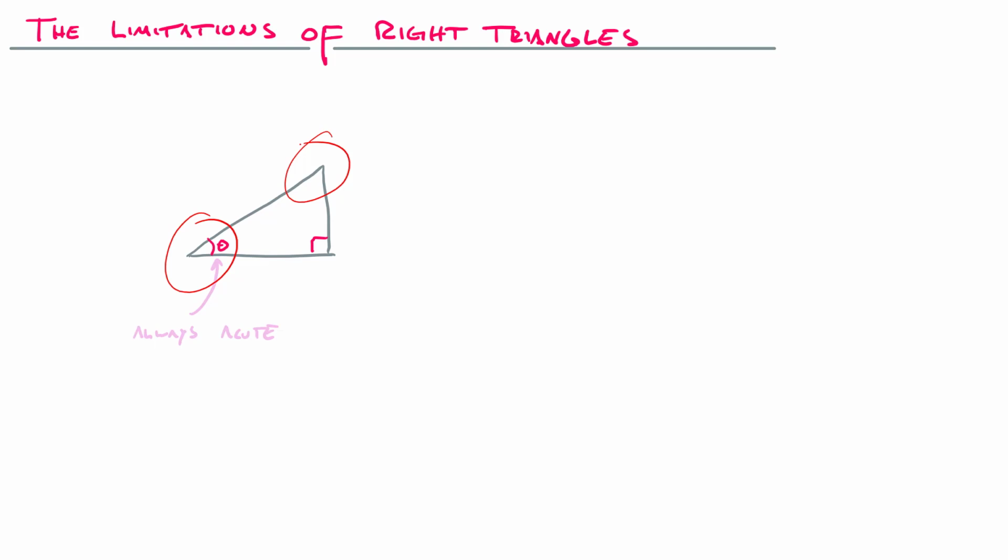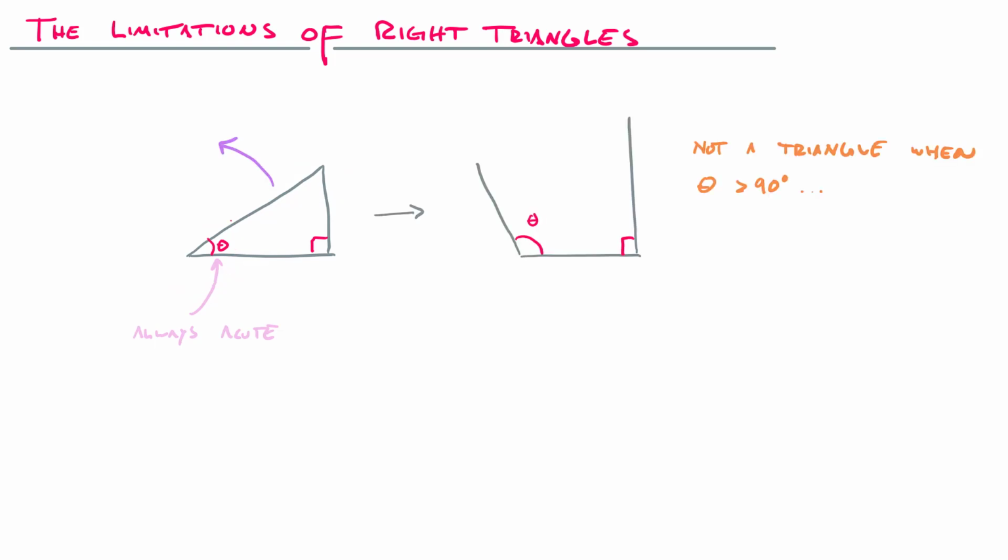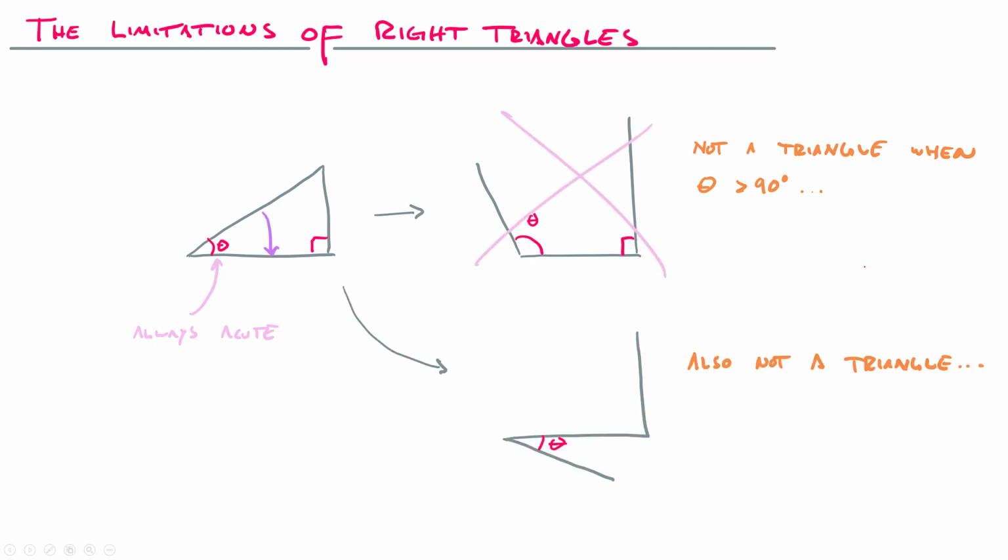If we try to make it obtuse by bringing the internal angle something bigger than 90 degrees, you get this shape. But that's not a triangle when theta is bigger than 90 degrees. I mean, honestly, even when theta is 90 degrees, right? That's not a triangle either, right? It's like a half of a box or something. You also can't bring it to 0, right?